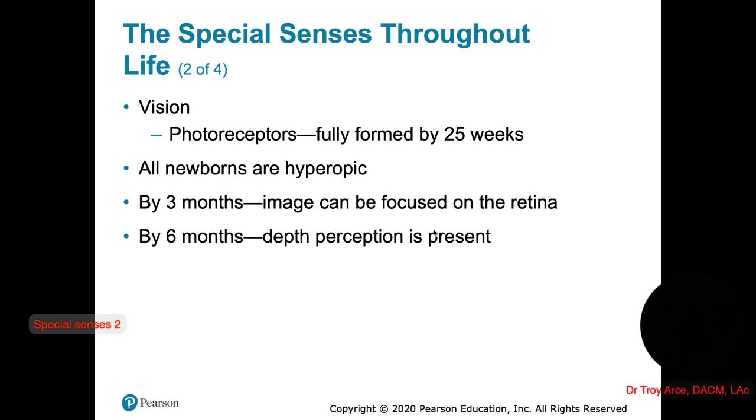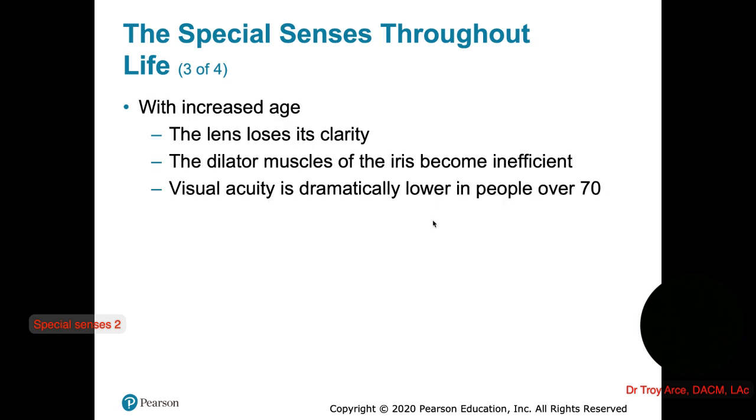By 3 months, an image can be focused on the retina, and by 6 months, depth perception is present. And all those senses are working together at that point. With increased age, the lens loses its clarity. The dilator muscles of the iris become inefficient, and visual acuity is dramatically lower in people over 70.